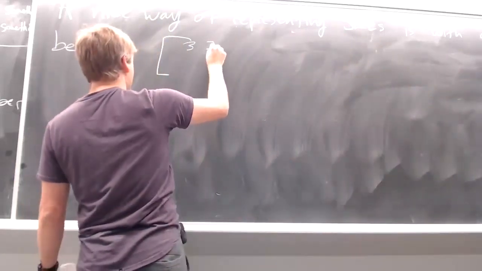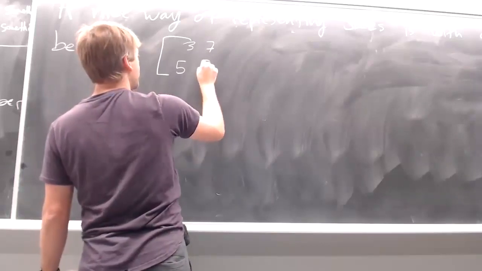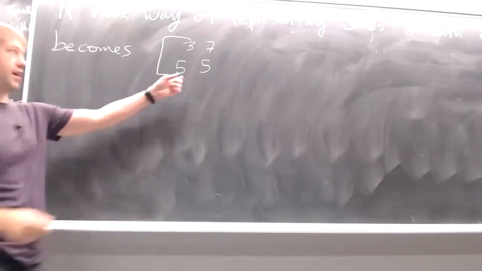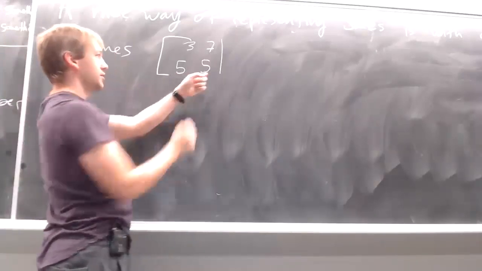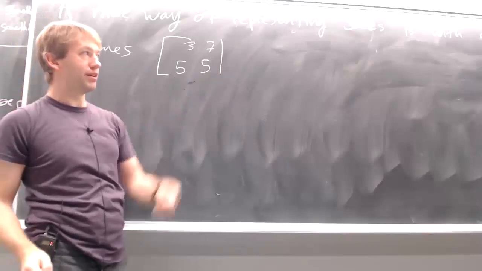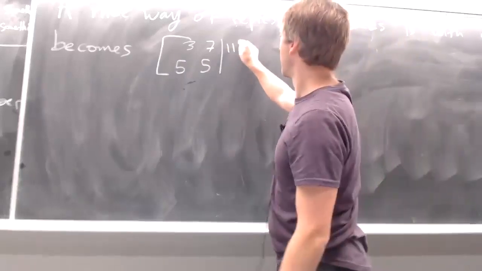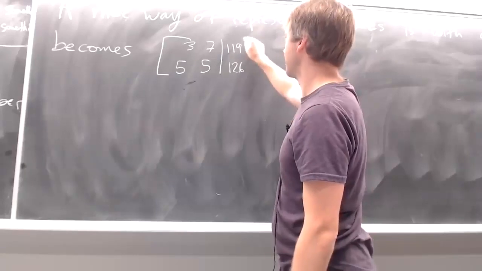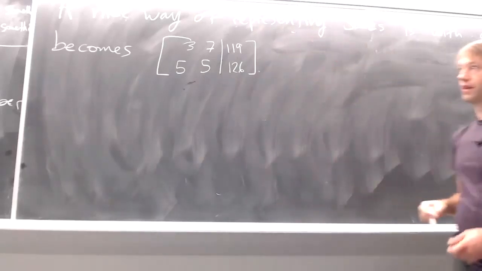So I just write 3, 7, 5, 5. And then I draw a line. So this line represents the equal symbol, right? Then I write my 119 and my 126.